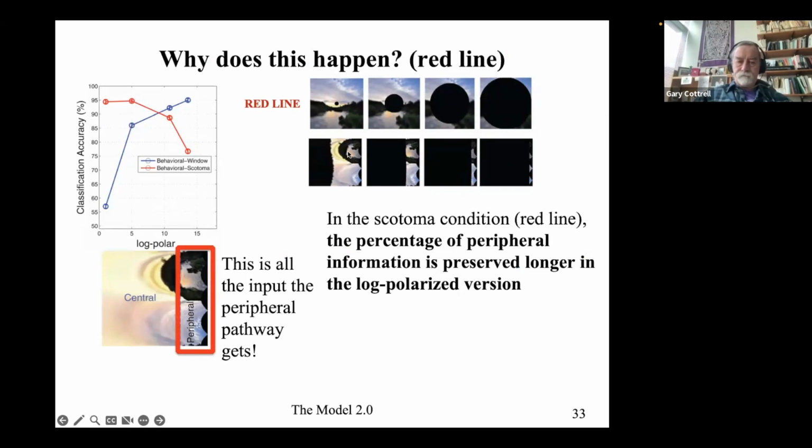And notice how much longer that input is preserved here compared to this. So it's getting a lot more of the information it's used to, and that makes it able to maintain its representation or maintain its accuracy much longer.